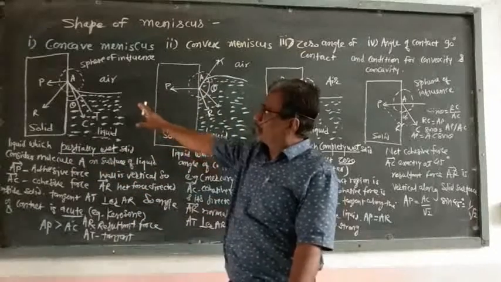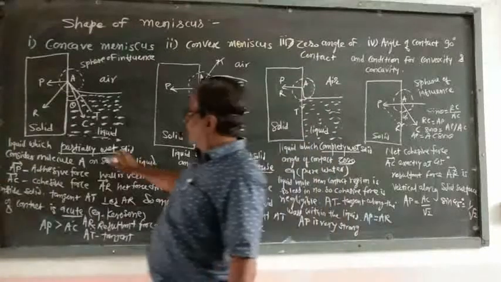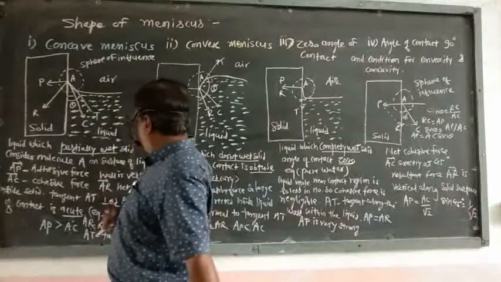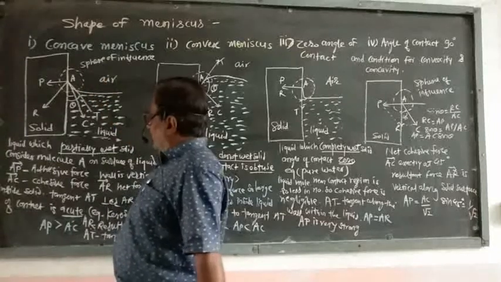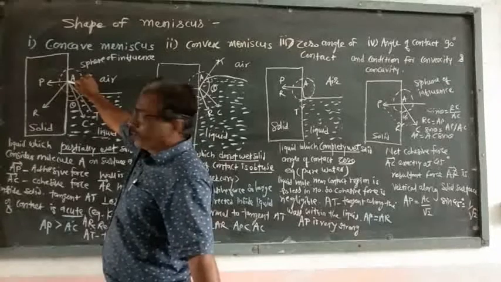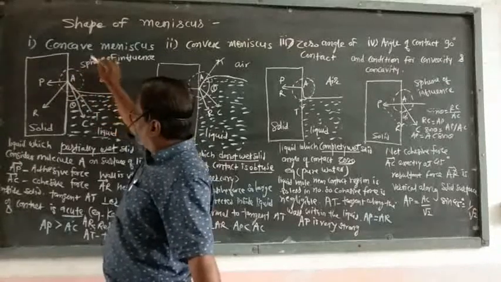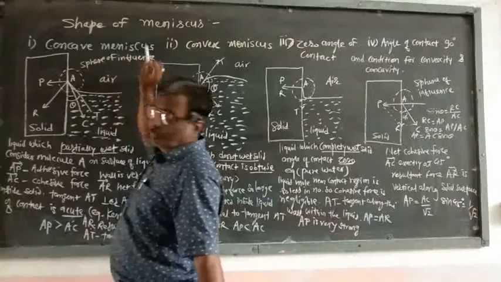That is the case here for a concave meniscus. For that, consider a molecule A on the surface of the liquid. This particle A is in contact with solid and liquid. Here the dotted portion is known as the sphere of influence.